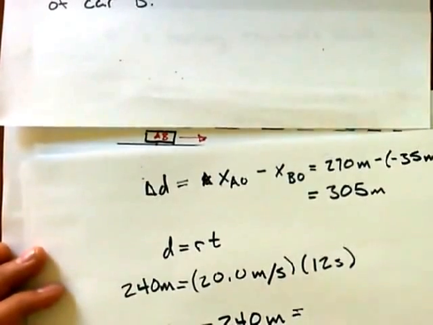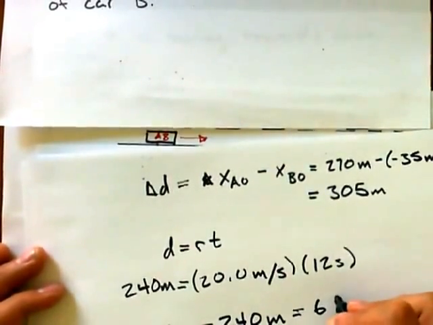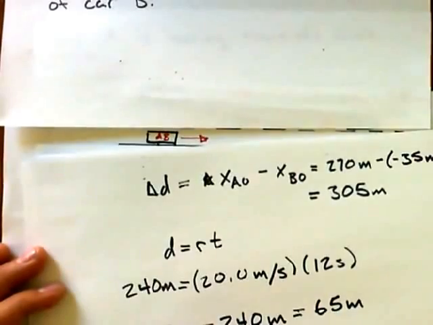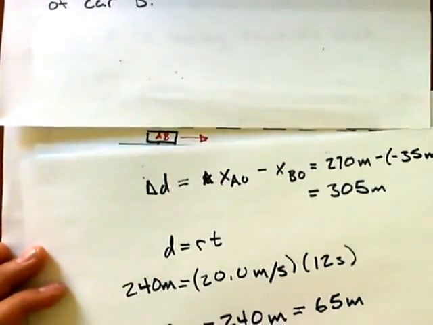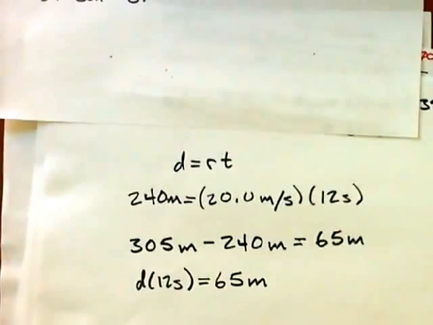Okay, and that equals 65 meters. Okay, so we know that car B has traveled 65 meters in 12 seconds.